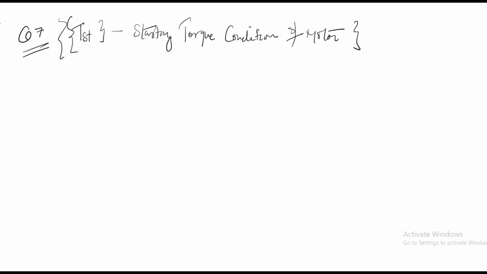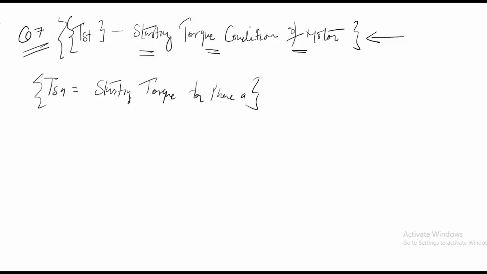So this is what we have seen now, and my TSA is my starting torque for phase A, considering the parameters of phase A, which I am again multiplying by 3. So this was my starting torque.